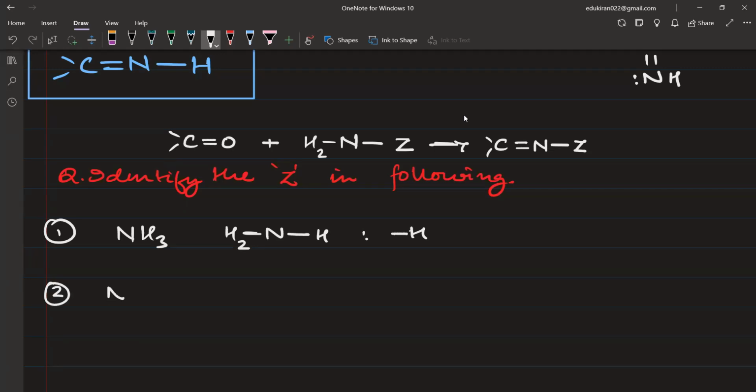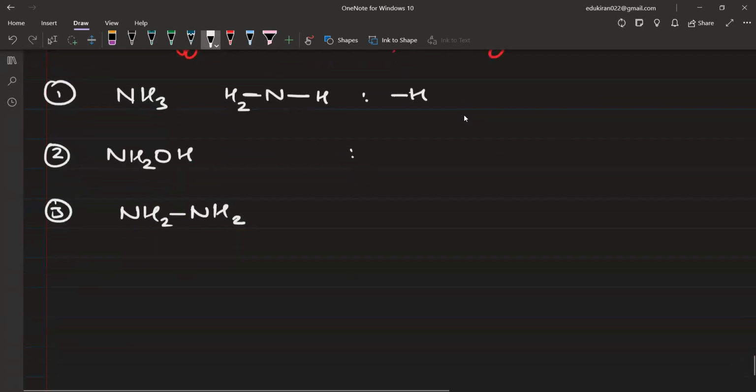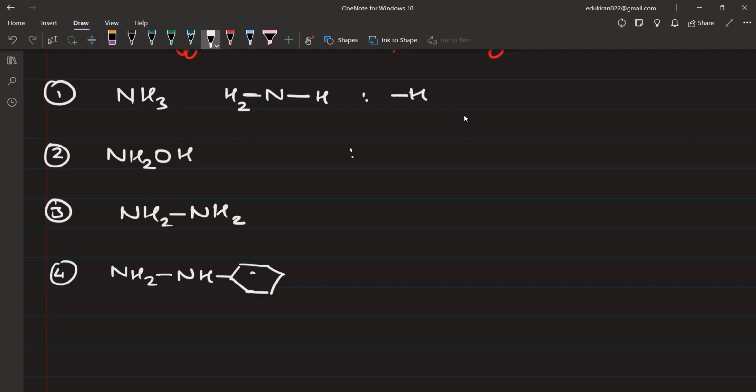Second case, NH2OH. Maybe you will tell me what is the Z? You have NH2, NH2 hydrazine. चलिए इन चारों में बताइए.